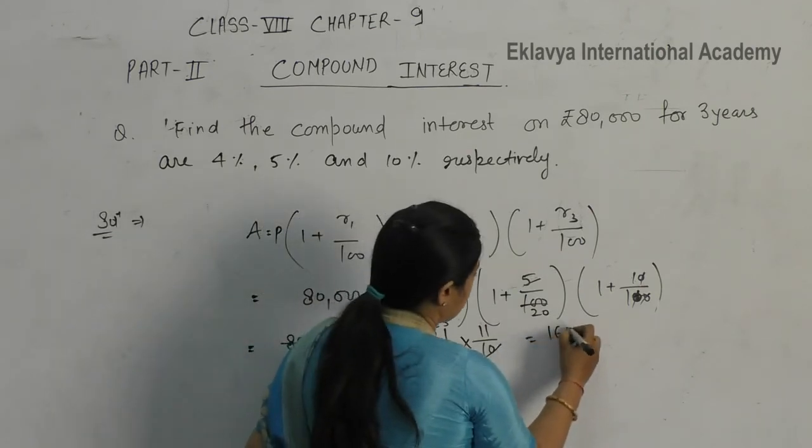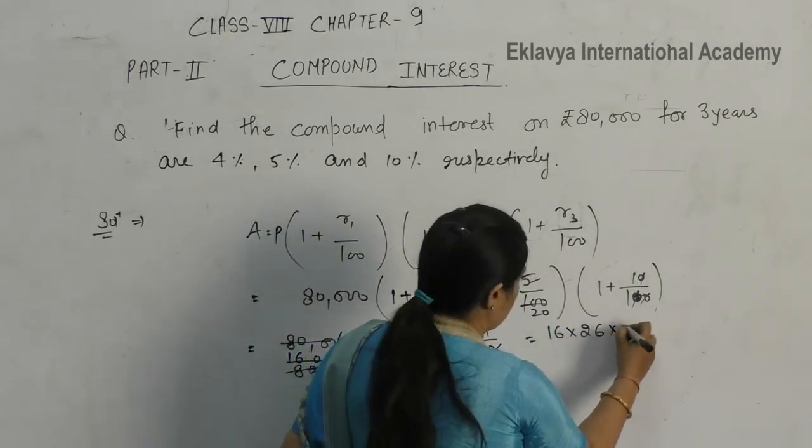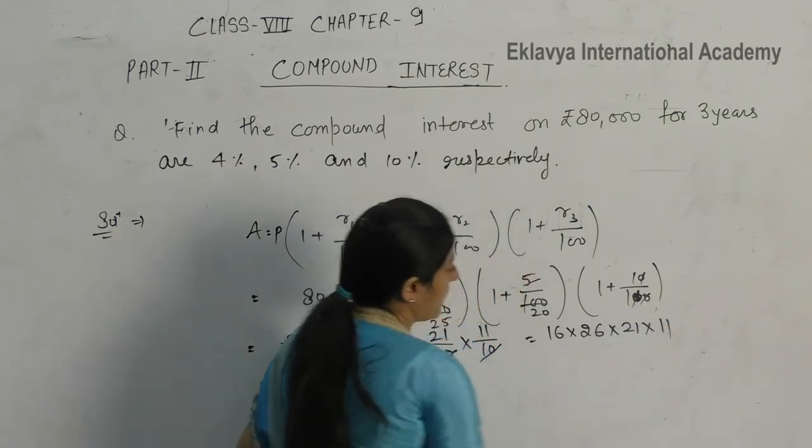That becomes 16 multiplied by 26 multiplied by 21 multiplied by 11.